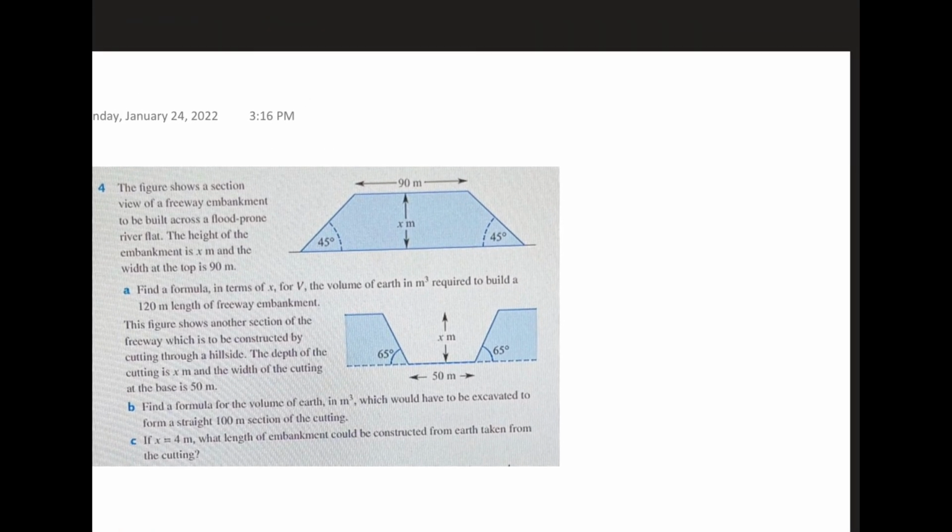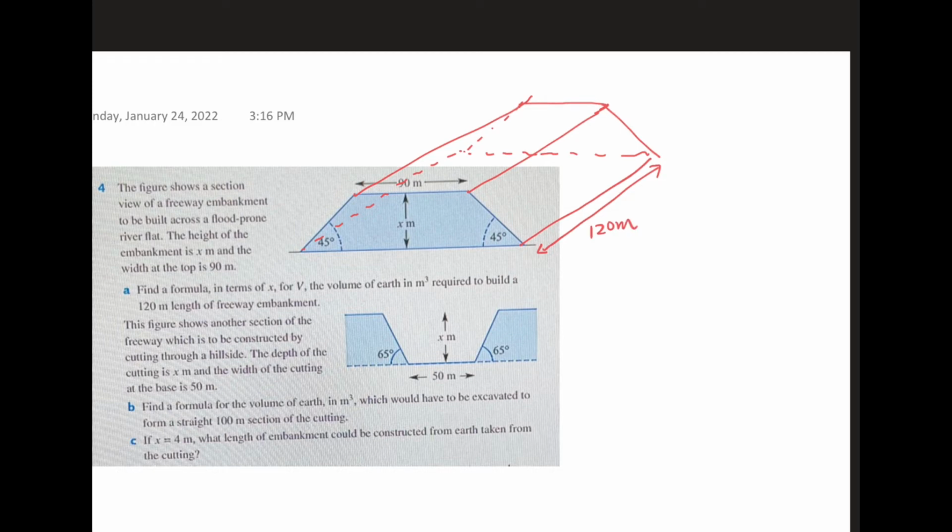So try to imagine it's going to be a prism shape, something like this. This is the embankment. The length is 120 meter.